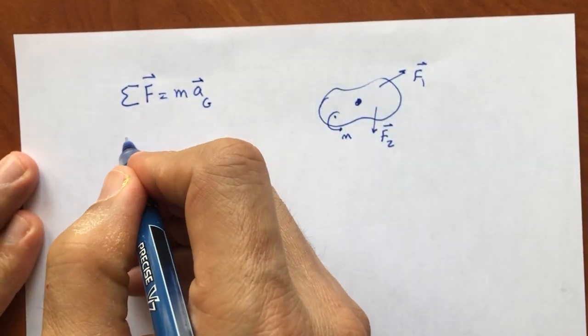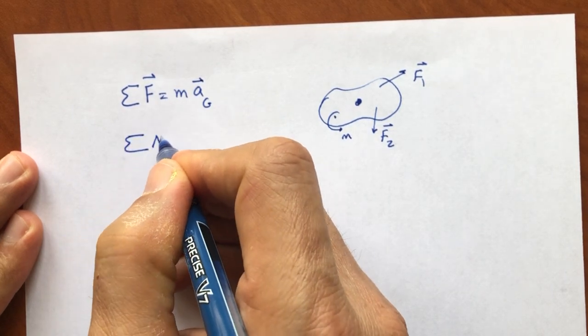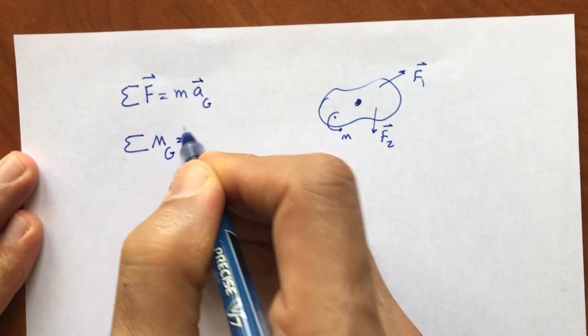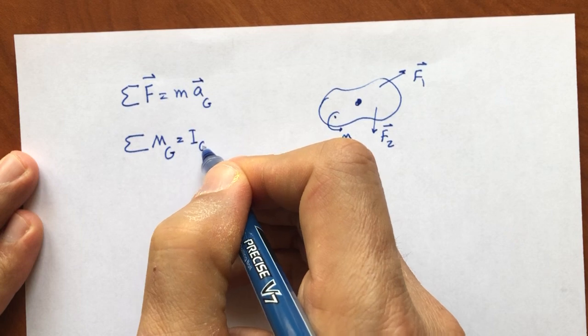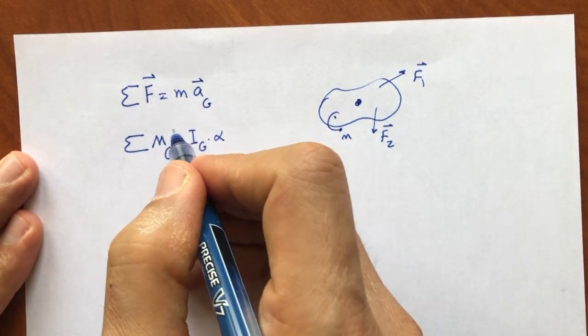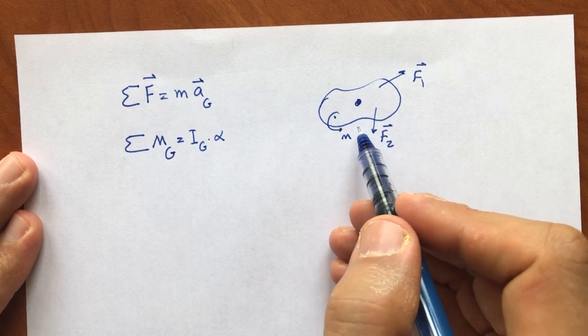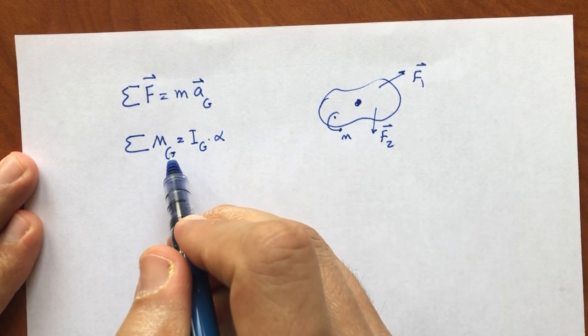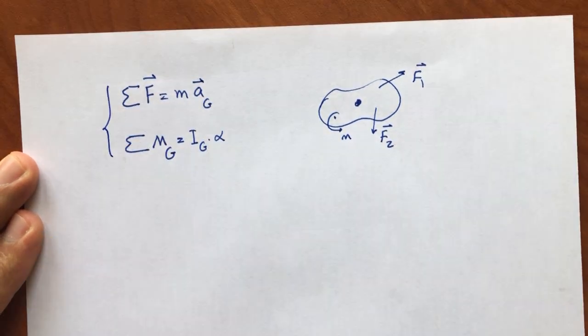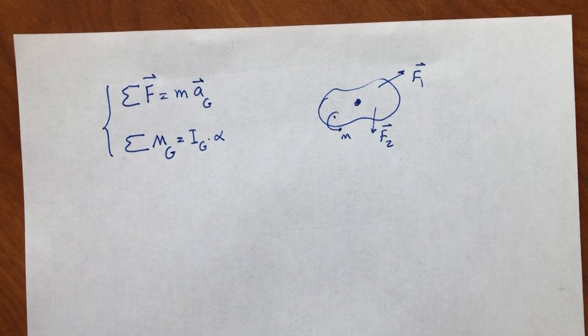And also we have sum of the moments about the centroid is equal to Ig times alpha. We cannot take the moment about any other points and use this equation. So these are general equations, they are always true.